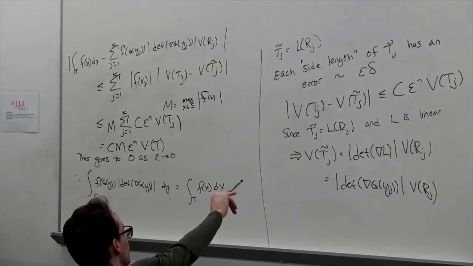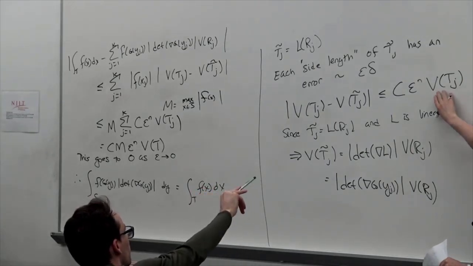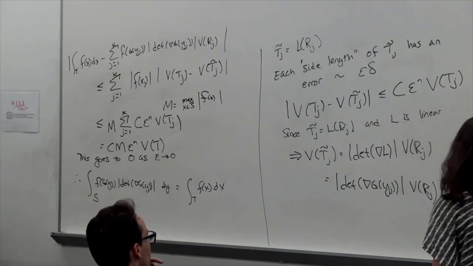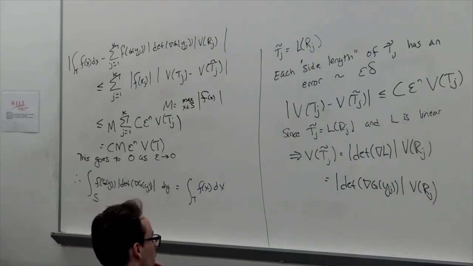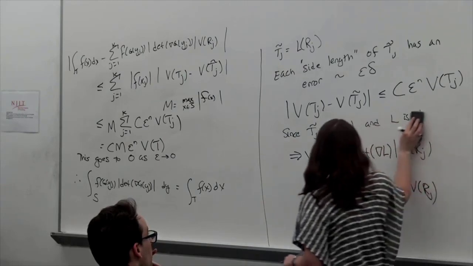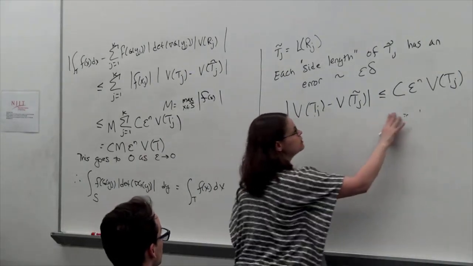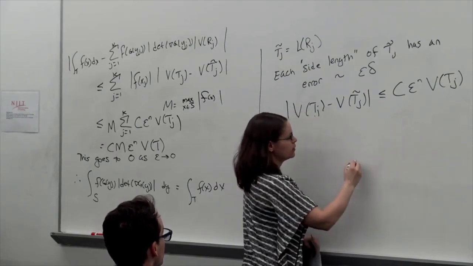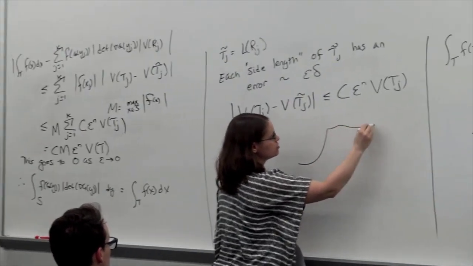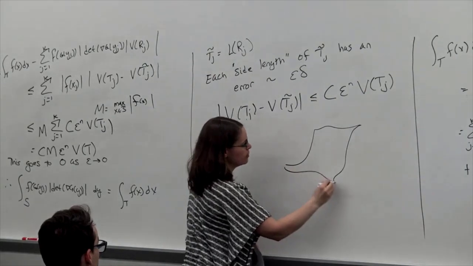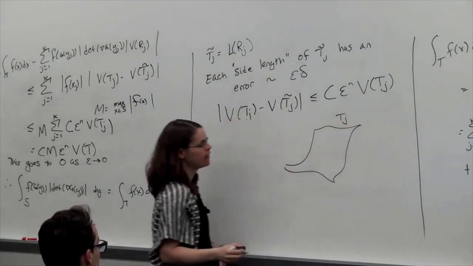For that term, after the epsilon and delta, where does the volume come in again? I erased the picture, but I'll give you a new picture. So what we had here was something that's not quite simple. This was our Tj.